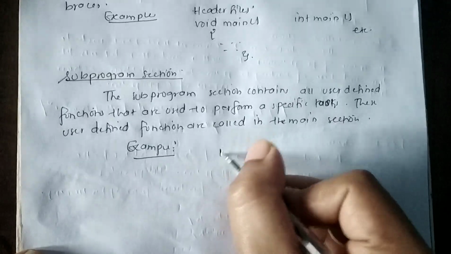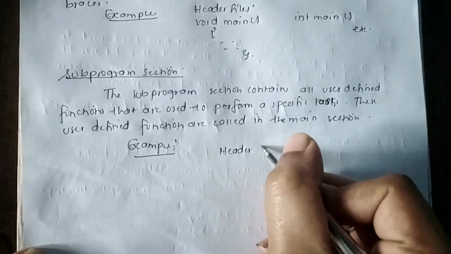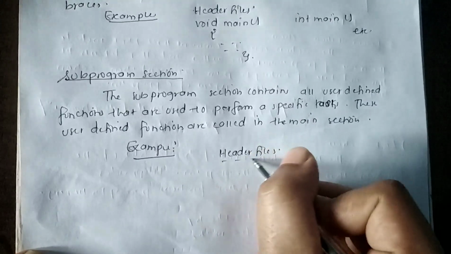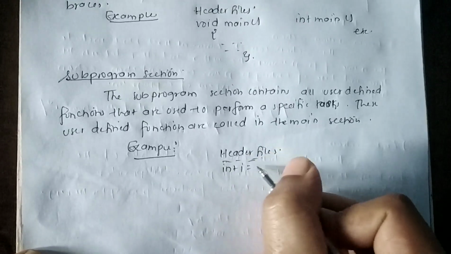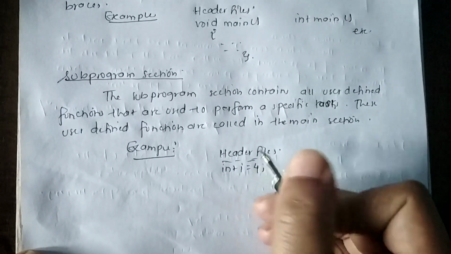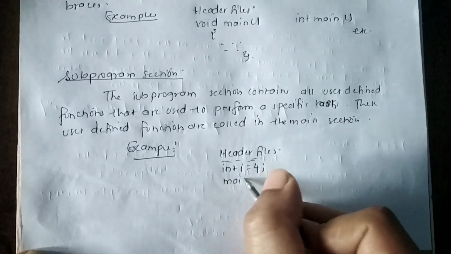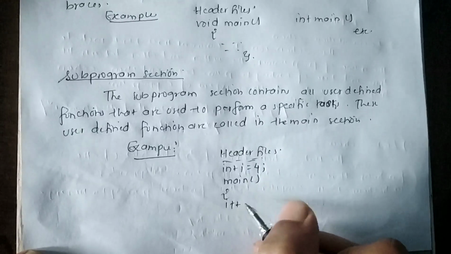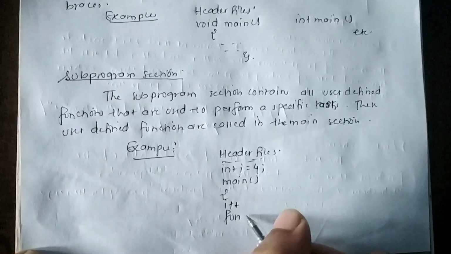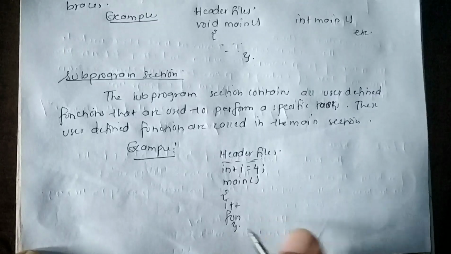Suppose there are header files in the upper section. Here comes the global declaration int i = 4. Here comes the main section, opening curly braces, i increment function, calling function.